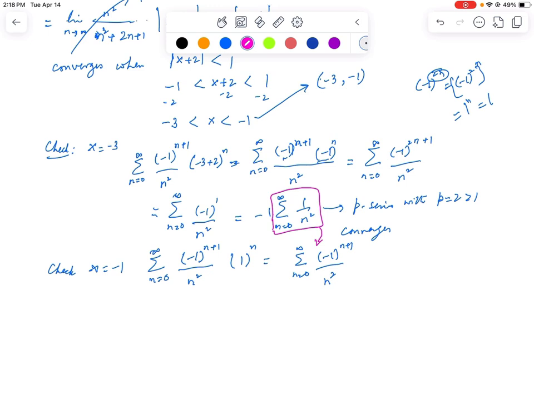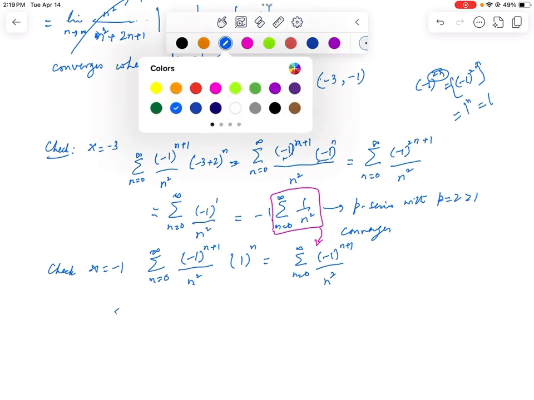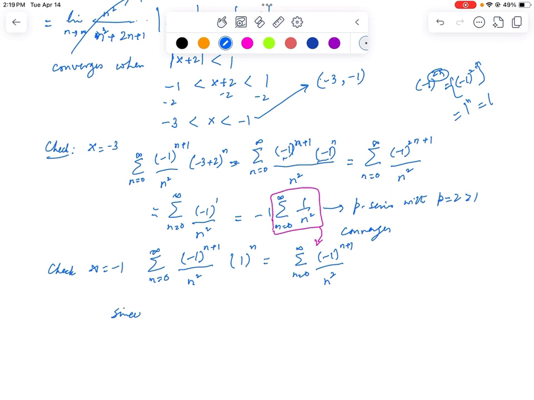So we can say, since summation 1 over n squared, n is equal to 0 to infinity converges, I could also have said it like this.